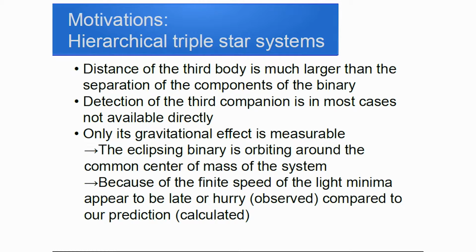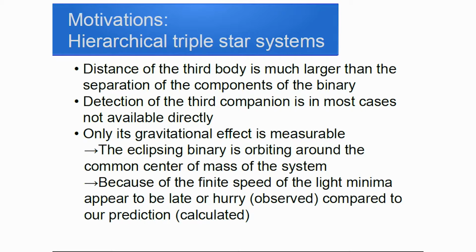Motivation. We are talking about hierarchical triple star systems, where there is an eclipsing binary and far from them there is another star which perturbs this eclipsing binary. However, we are not able to detect the third star directly most of the time.